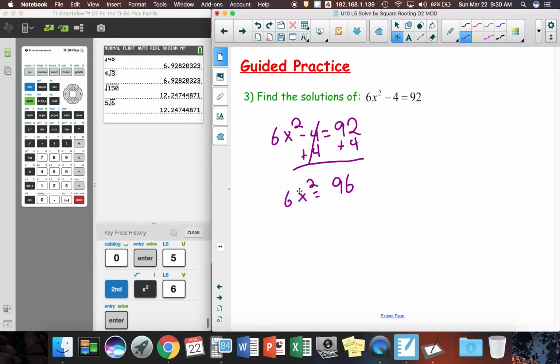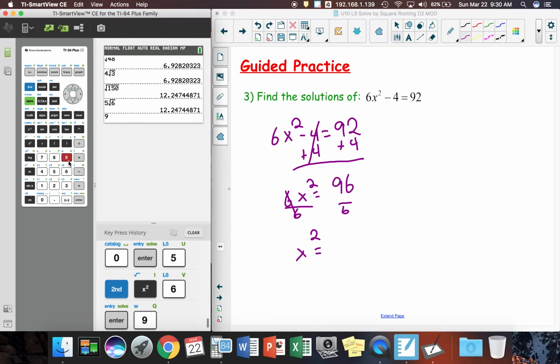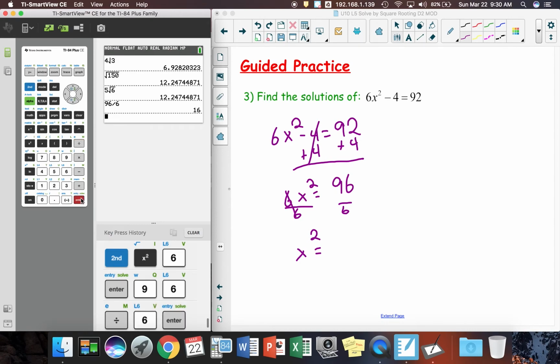Alright, now to get x squared by itself, I'm going to divide by 6, divide by 6, divide by 6. I'm left with x squared equals, not exactly sure what that is. I believe it's 16, but let's just check. 96 divided by 6. It is 16. Nice.